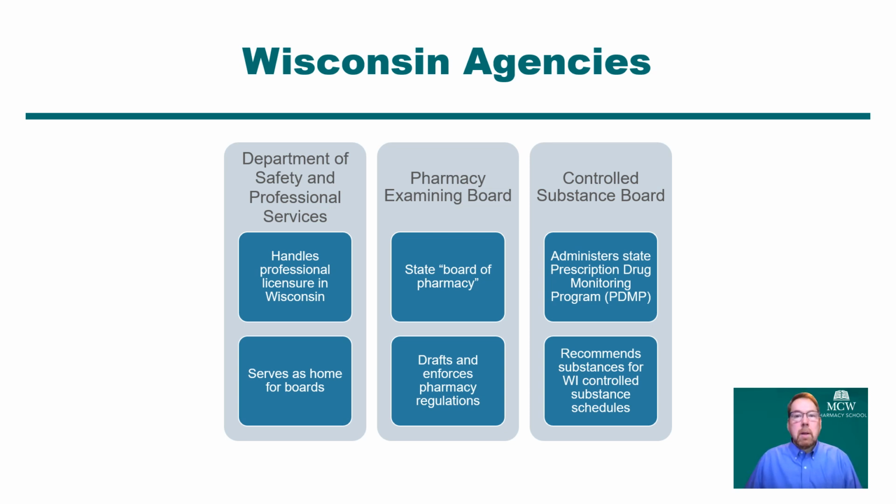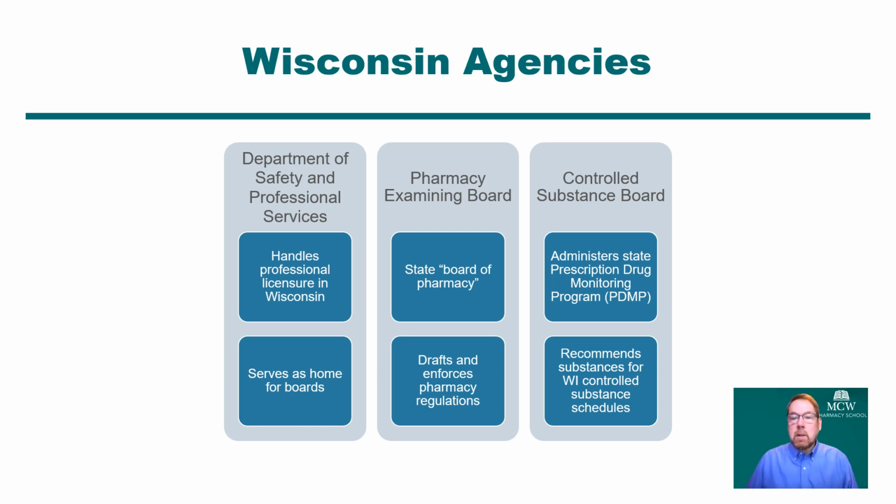So, what are some of the Wisconsin agencies that we should know about? Well, first of all, there is the Department of Safety and Professional Services, or DSPS. They handle all types of professional licensure in Wisconsin and serve as a home for the different boards that are created in Wisconsin, including the Pharmacy Examining Board.